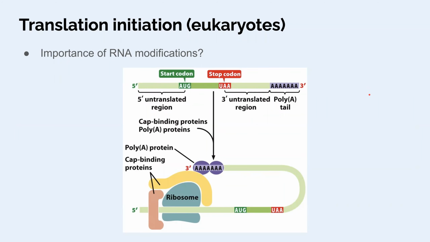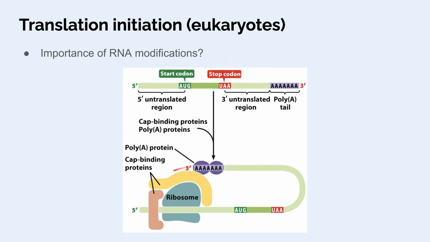All right, so one more backtrack to the topic of translation. This kind of comes full circle for us. We saw these RNA modifications, so the intron splicing is important. And then I also briefly mentioned the 5' cap and the 3' poly A tail. These modifications are also involved in recruiting the ribosome.